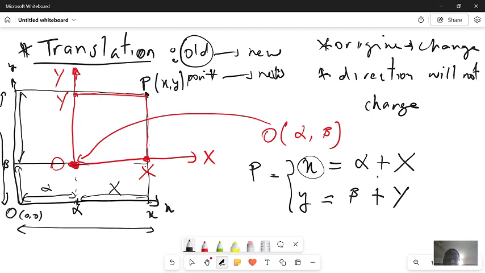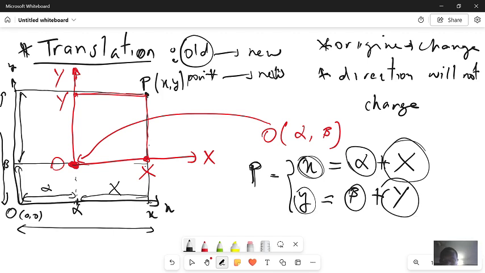If I have a point P, the coordinate of the origin of the new plane, and the coordinate of the point in the new plane, I can determine the coordinate of the point in the old plane.